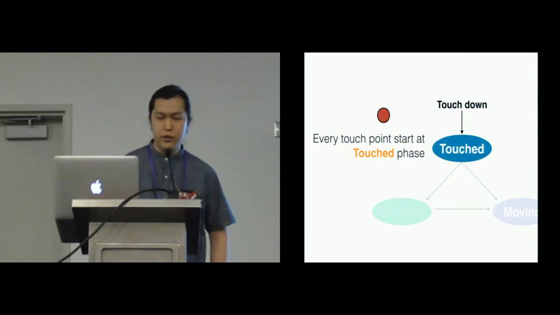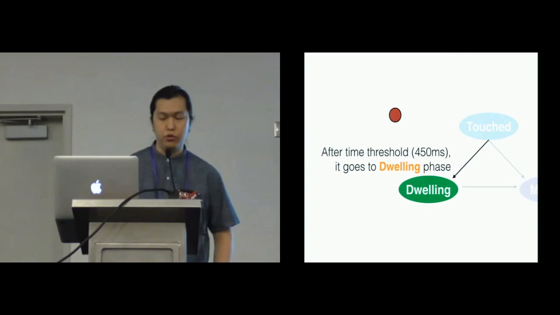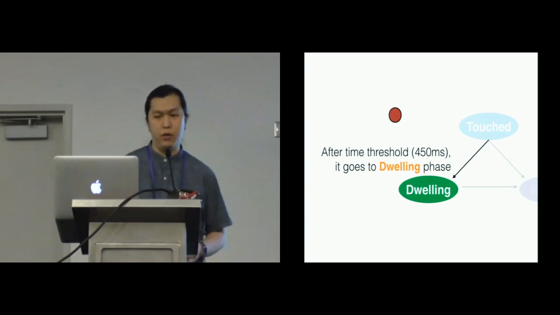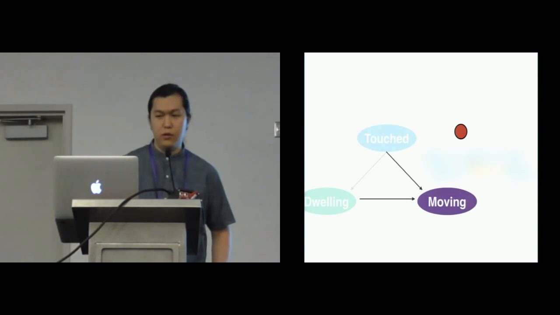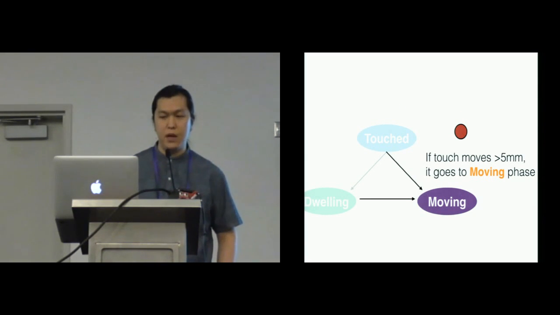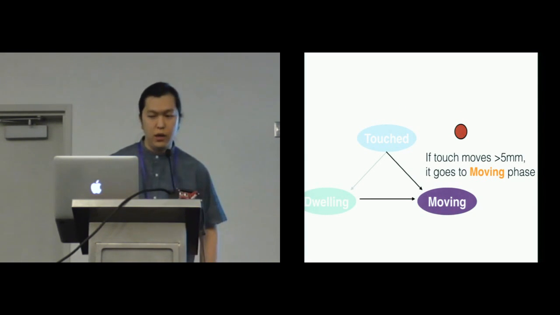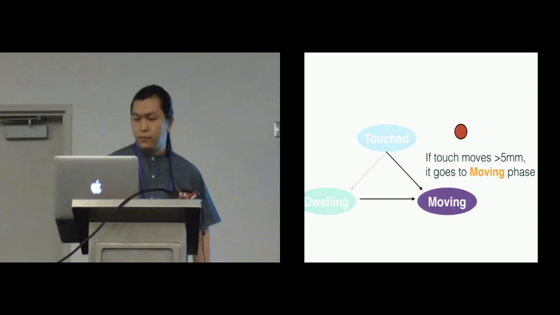and after a certain amount of time, it goes to the dwelling pace, in this case 450 milliseconds from our previous work. And from those two states, after the touch point moves more than a certain distance, in this case 5 millimeters, it goes to the moving pace, and the moving pace is the final phase until lift off.